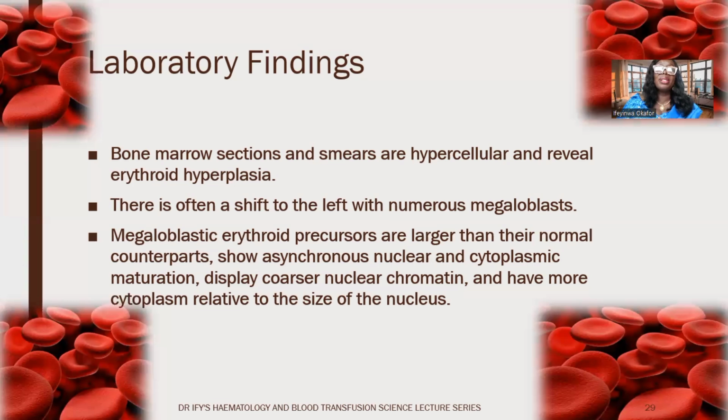Megaloblast erythroid precursors are larger than their normal counterparts. They show nuclear and cytoplasmic maturation asynchrony and display coarse nuclear chromatin and have more cytoplasm relative to the size of the nucleus, like we are going to see in the next slide.